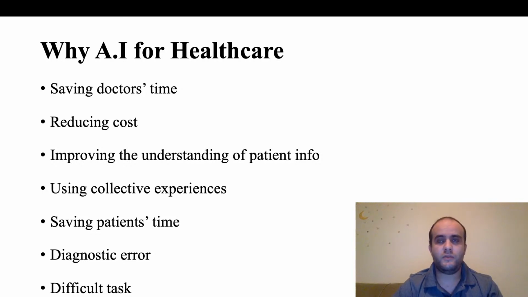This is very important. For example, in a rare disease, some doctors will not have that much experience, or maybe have not met a lot of patients with that disease.